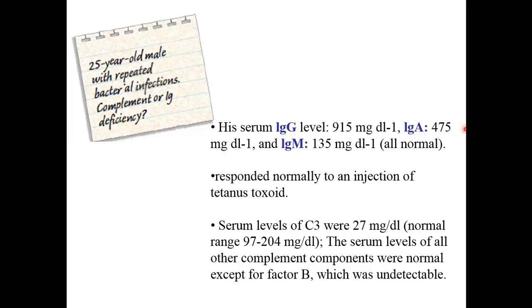IgG, IgA, and IgM serum levels were normal in this patient, and this patient also responded normally to the tetanus toxoid vaccine. And this shows that the humoral immunity, or B cells, are normal in this patient.